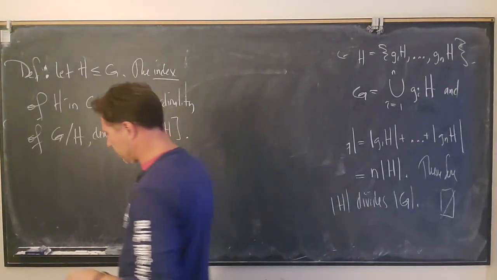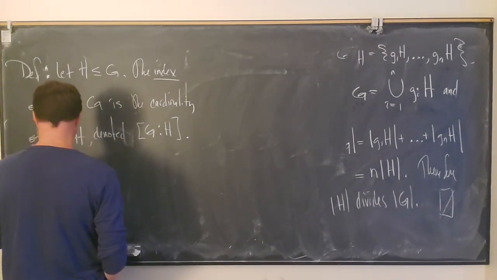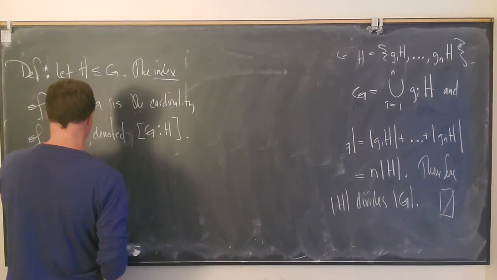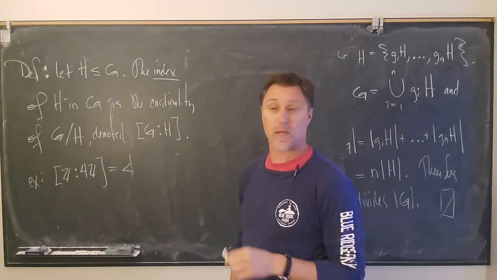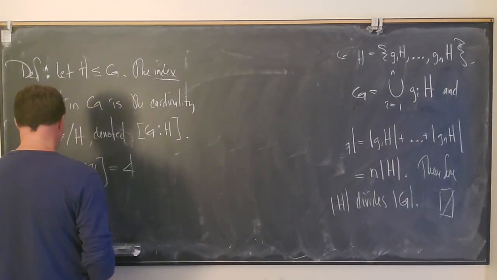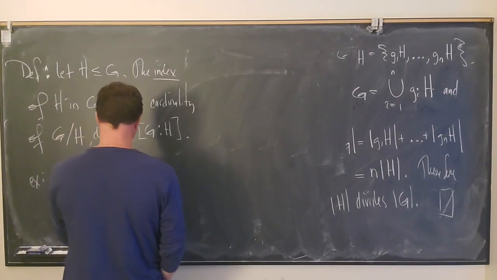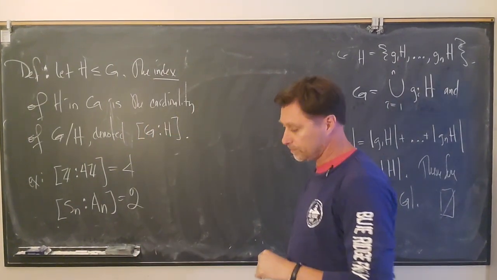So for example, the index of 4Z in Z is equal to 4 because there are 4 left cosets as we saw in a previous example. The index of A_n in S_n is equal to 2 because there are exactly 2 cosets corresponding to A_n.